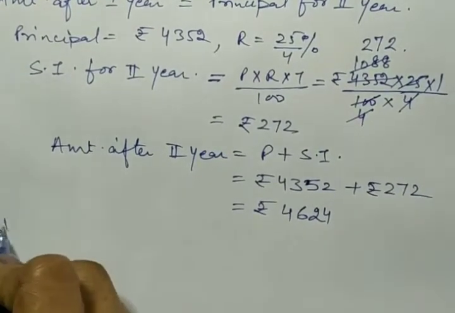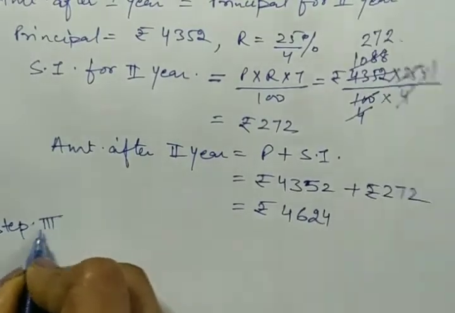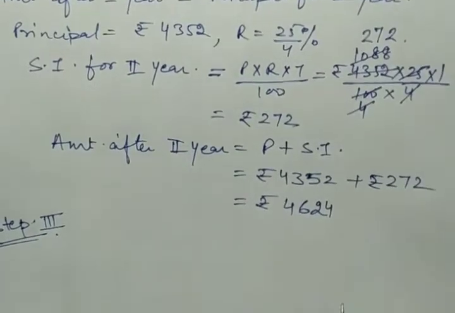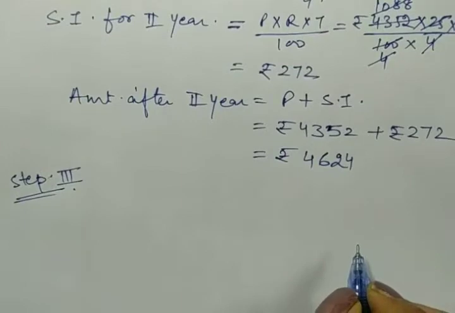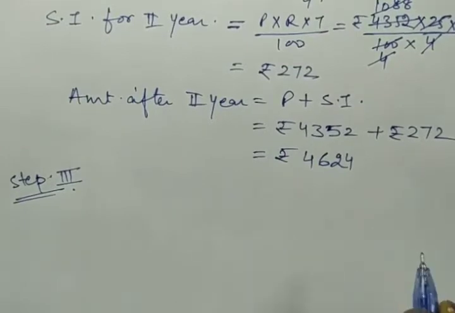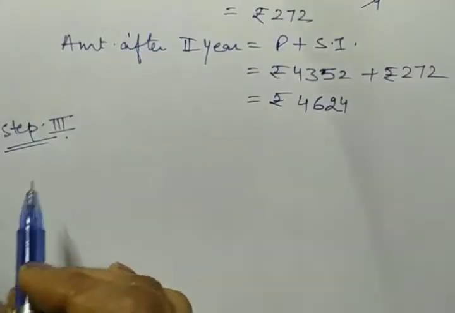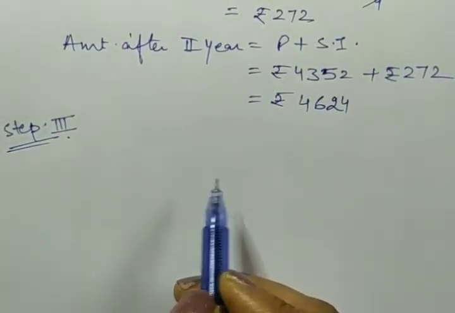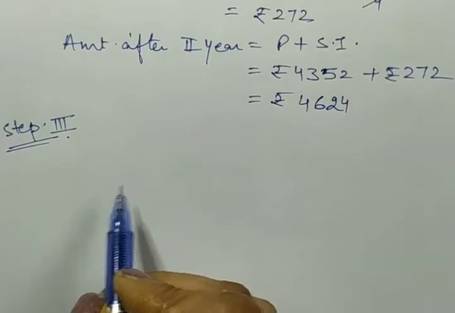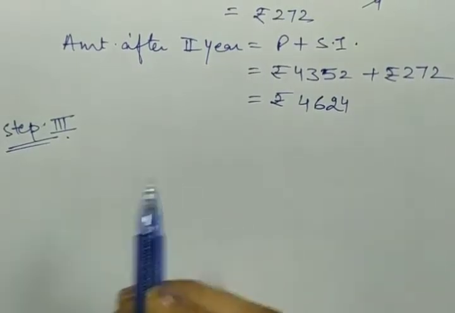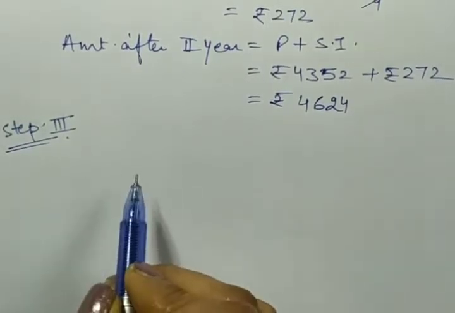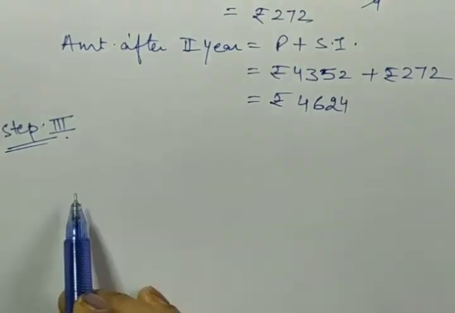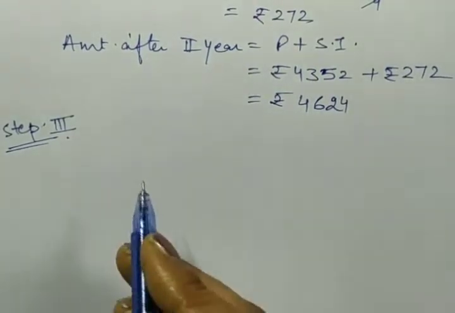Now step 3. Why step 3? Because we have to find the compound interest after 3 years. Dear students, we have to repeat this process up to the specified period, and in this question we have to find the compound interest for 3 years, so we have to repeat this process 3 times.